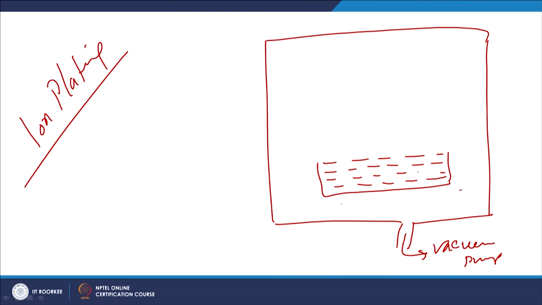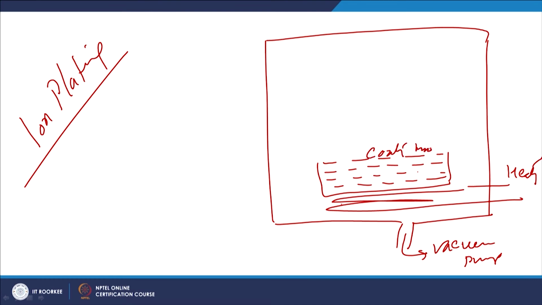Heating is done using a suitable heating source, and this is the coating material which is melted, and then it will come out in the form of metal vapors. These metal vapors are ionized using suitable electromagnetic fields or by developing suitable conditions.